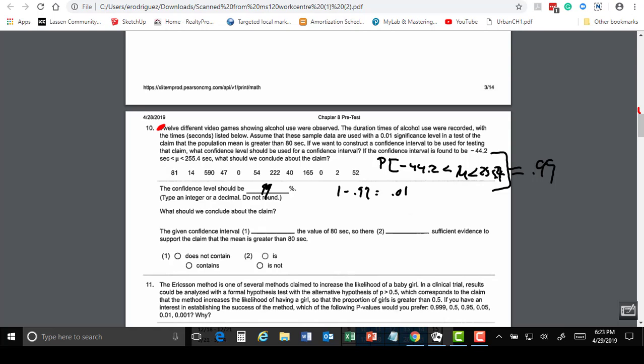Oh, I need the right problem. 5, 6, 7, 8, 9. Okay, so it's, and it is not.